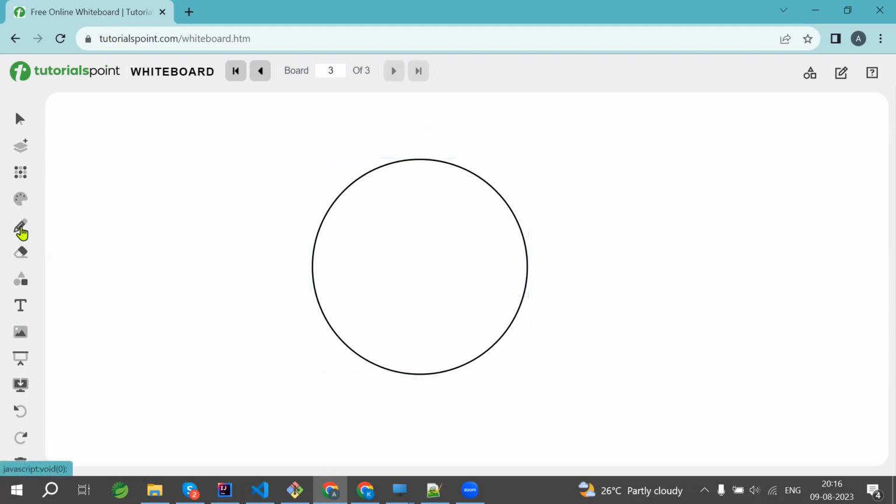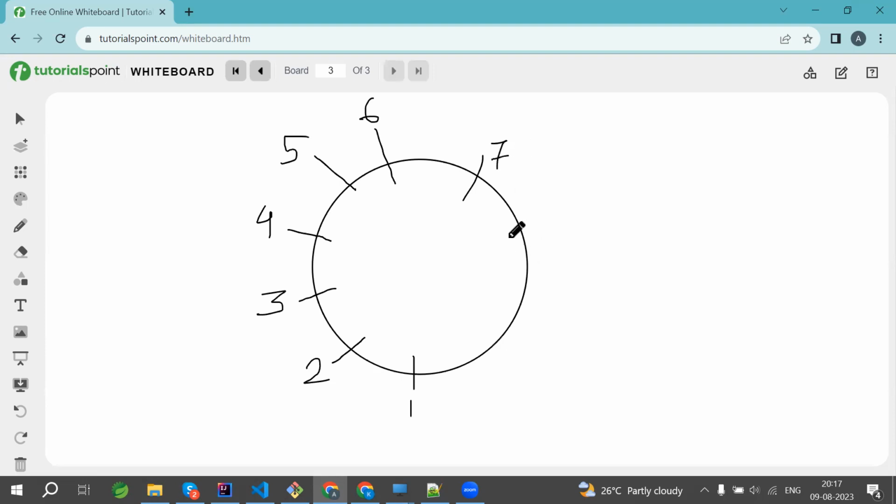So here I've already told that 1, 2, 3, 4, 5, 6, 7, 8, 9, 10, 11, all in the central direction, right? All are facing the center.